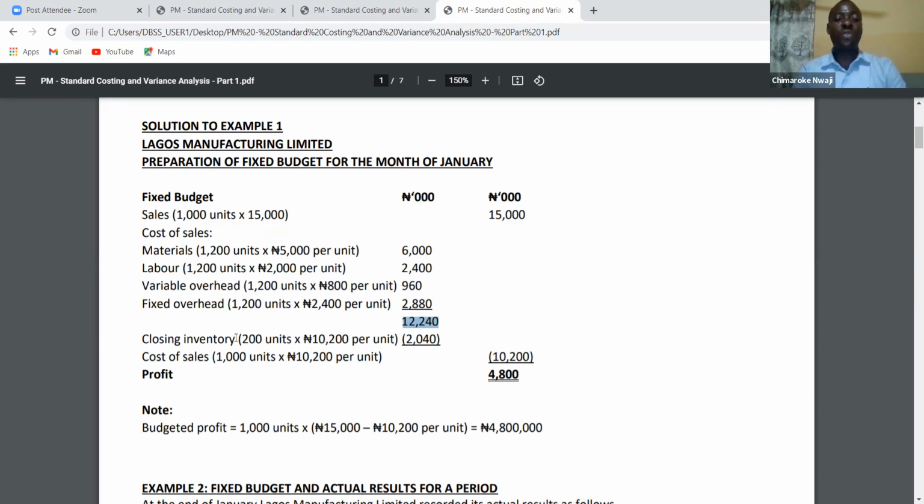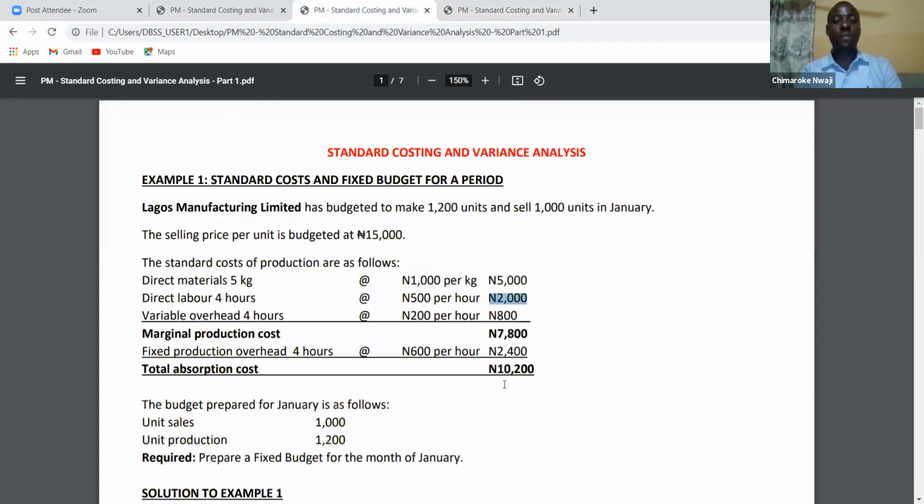So the 200 units that remain, how will you value them? Now, because we are doing standard costing, we are going to value them at standard production cost. And what is our standard production cost? 10,200.